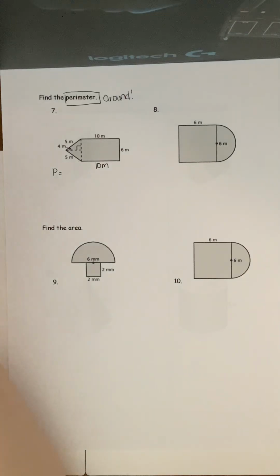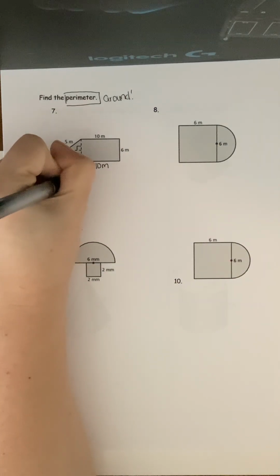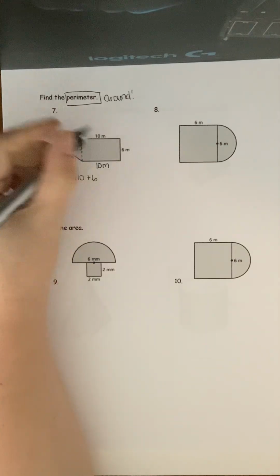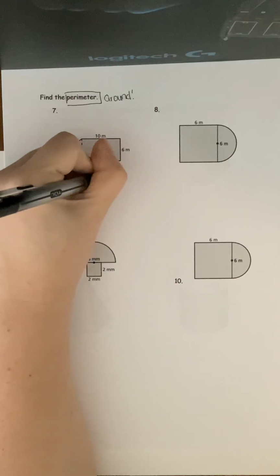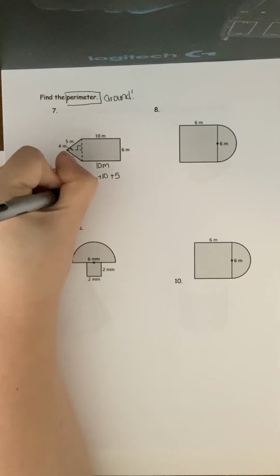So we just add up all the sides: 5 plus 10 plus 6 plus 10 plus 5. We add all those up on our calculator and we should get 36 meters.